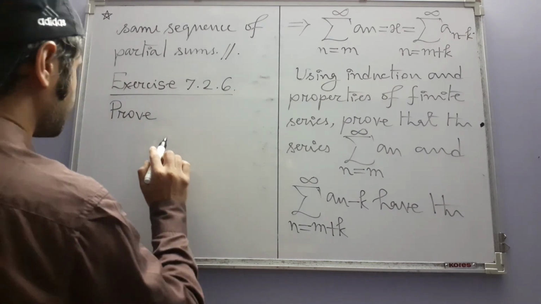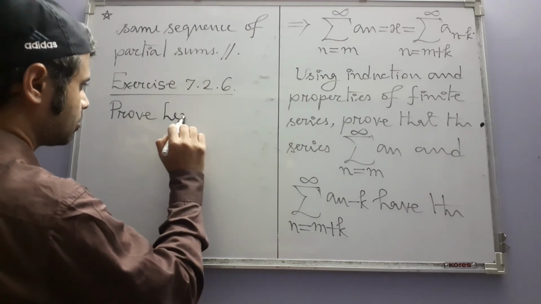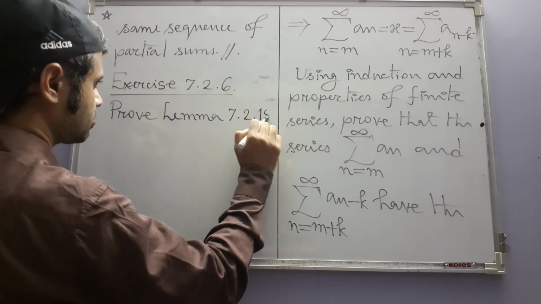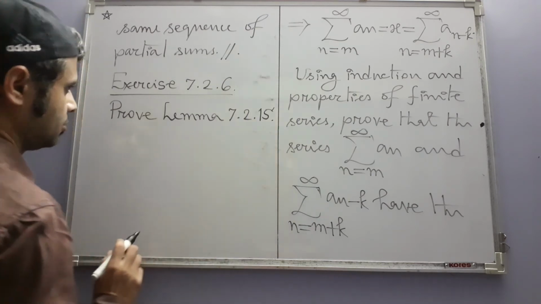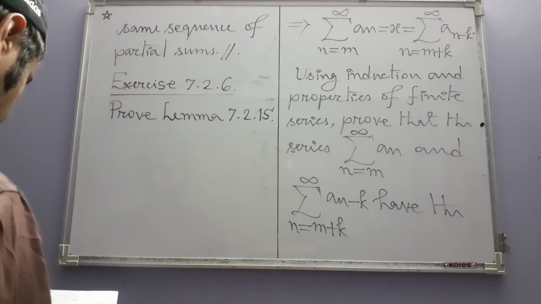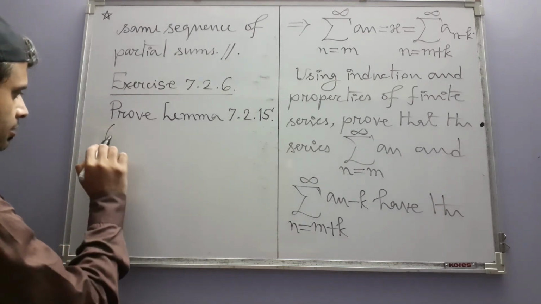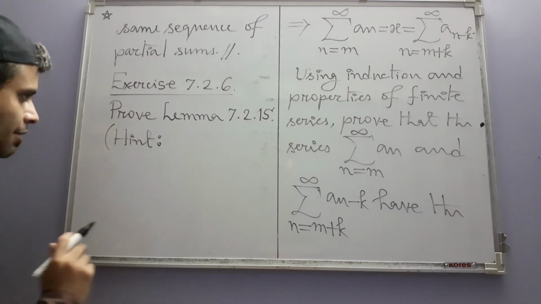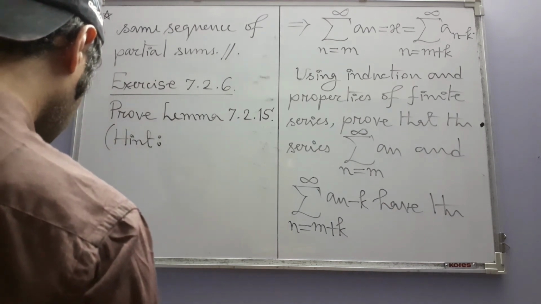Prove lemma 7.15. It's that last result, the telescoping series. And there is a hint. In fact, everything is there in the hints itself. So once you have the hints, you have the solution.